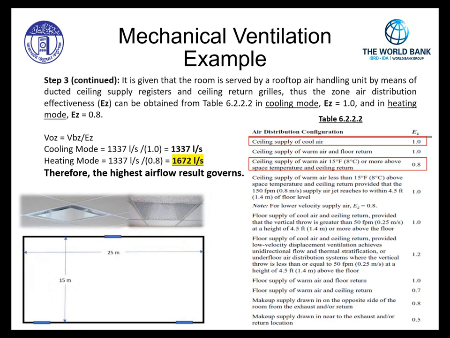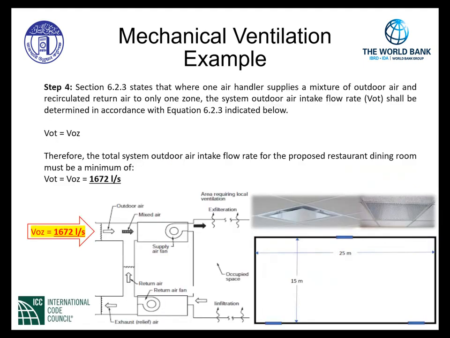However, in heating mode, we take the heating mode value, and as seen here in the denominator, it is less than 1, so that's going to drive up the end result to 1,672 liters per second. This is the value that we need to use for our outdoor airflow rate in this part of the process. Step 4.